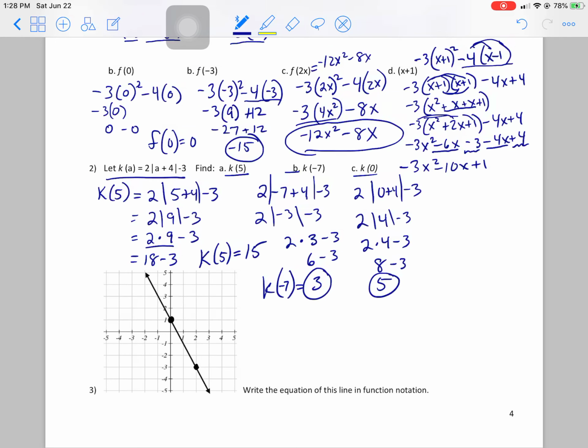And the last one down here, it says write the equation of this line in function notation. Let's go with an f and an x. So a line, remember y equals mx plus b. Well, instead of y equals, we're putting f of x. So I need the slope and the y-intercept. So where's the y-intercept?